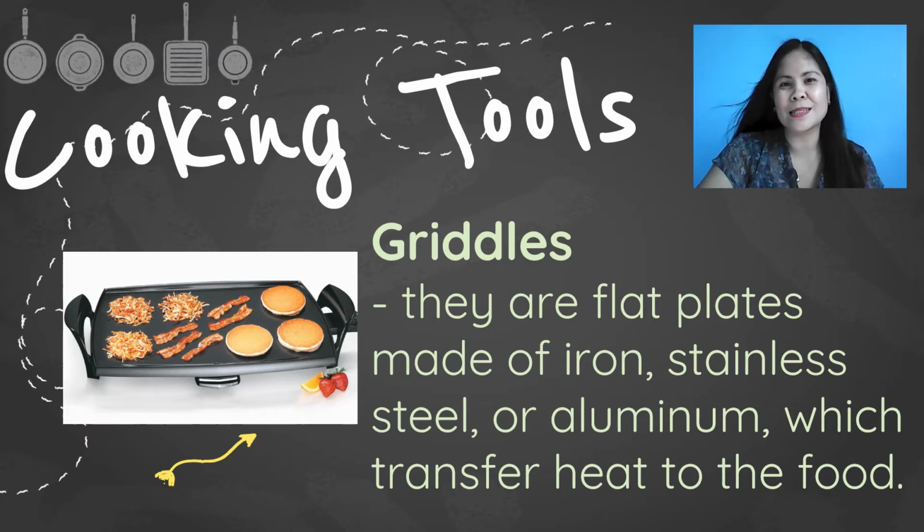A griddle has a smooth and flat surface, perfect for cooking breakfast foods like bacon, sausages, pancakes, home fries, French toast, and eggs. You can also use a griddle to make grilled cheese sandwiches, quesadillas, and anything else that you would usually cook on a frying pan.